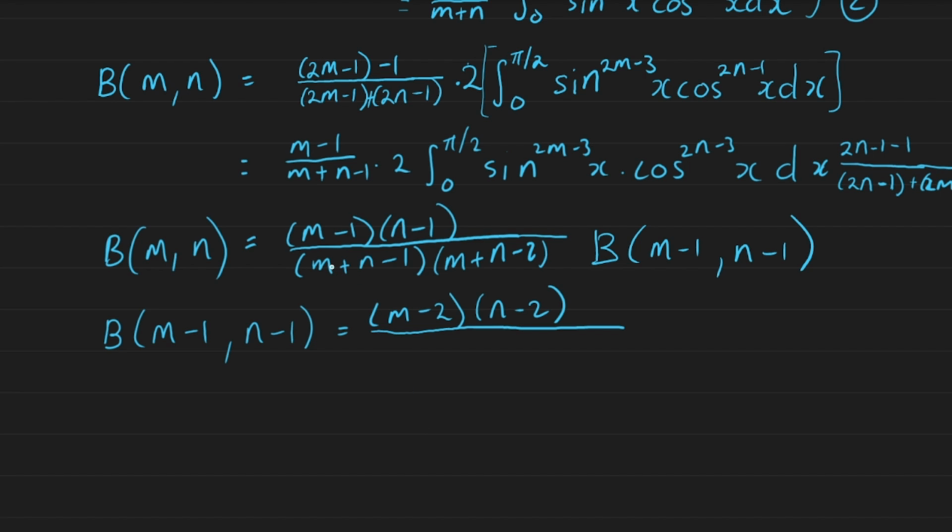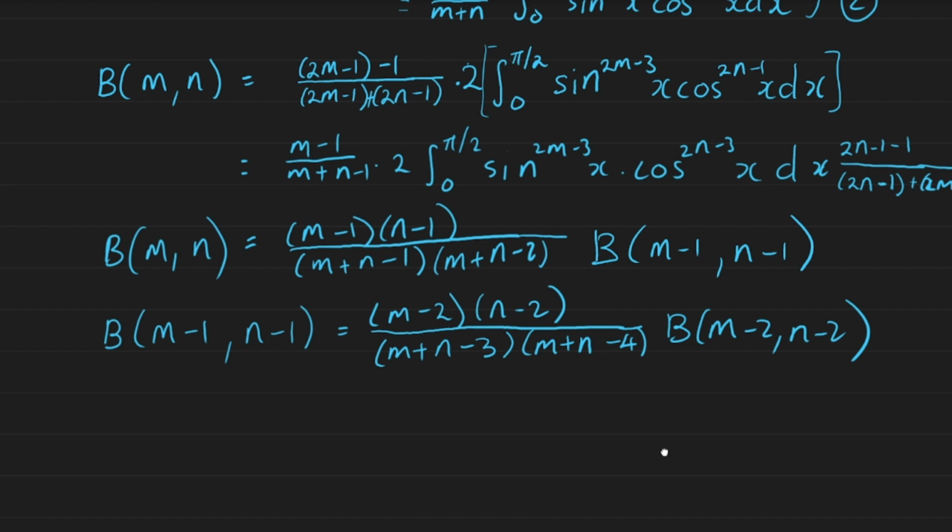And then I have m plus n minus 1, m plus n minus 2. So that's going to give me m plus n minus 3, and then m plus n minus 4. And this is multiplied by the beta function now of m minus 2 and n minus 2.